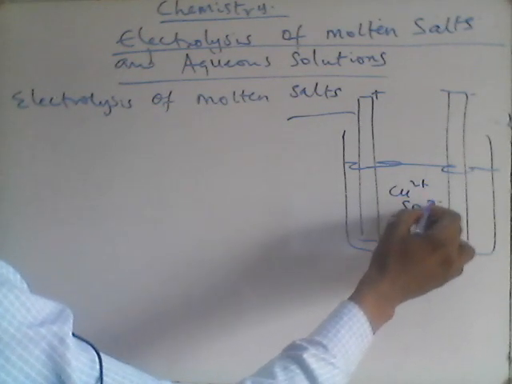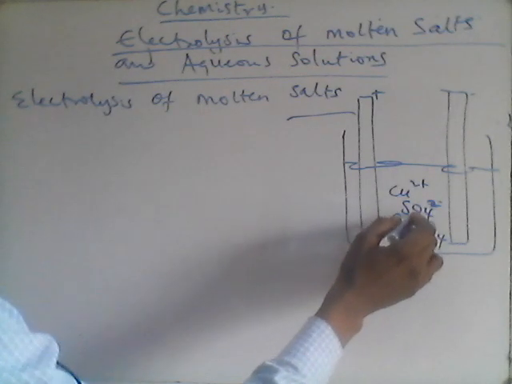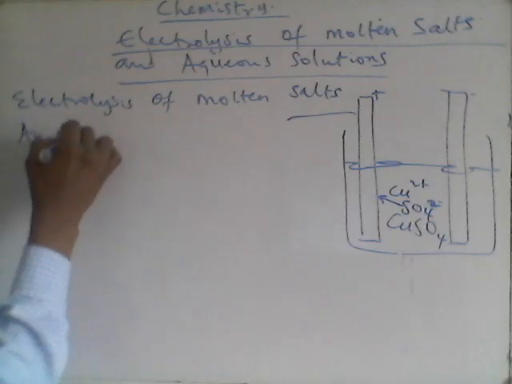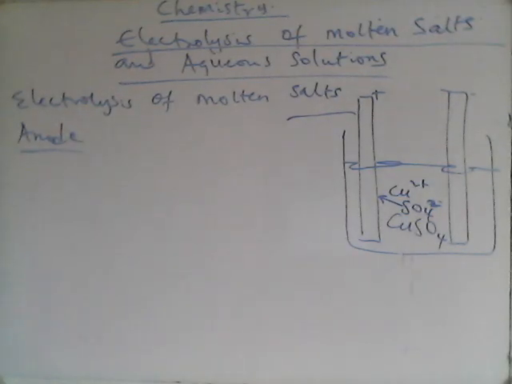This sulfate radical will migrate towards the anode, right? So at the anode, what happens? We said again, the anode is where oxidation takes place. So at the anode, you have what we call the oxidation of water.